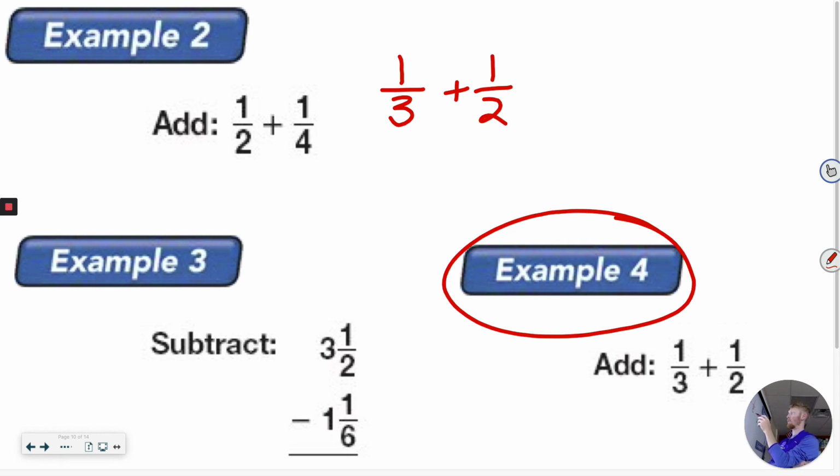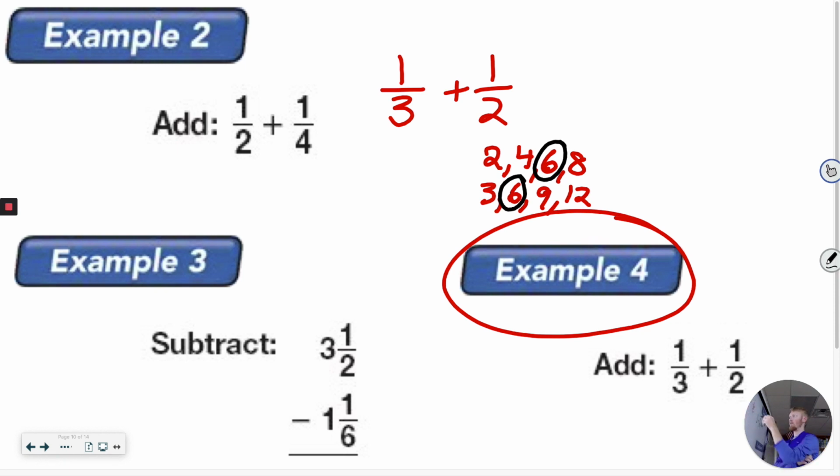I know that 3 times 2 is 6, and I know that 2 times 3 is 6, right? If I list out their multiples, I have 2, 4, 6, 8. If I list out these multiples, I have 3, 6, 9, 12. So I'm going to choose to turn both denominators into a 6.